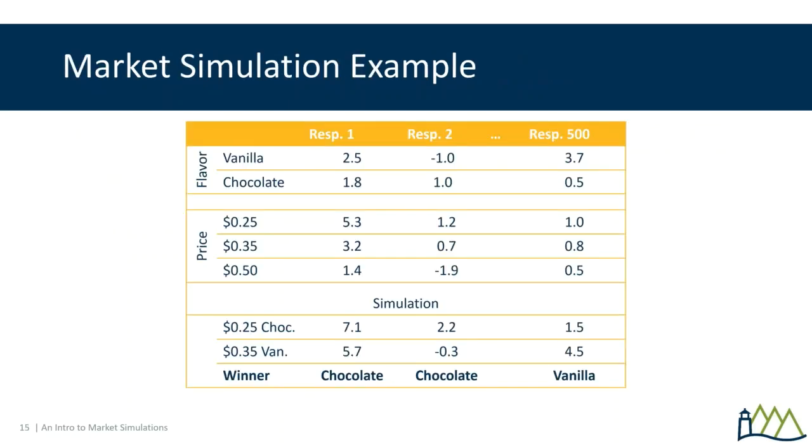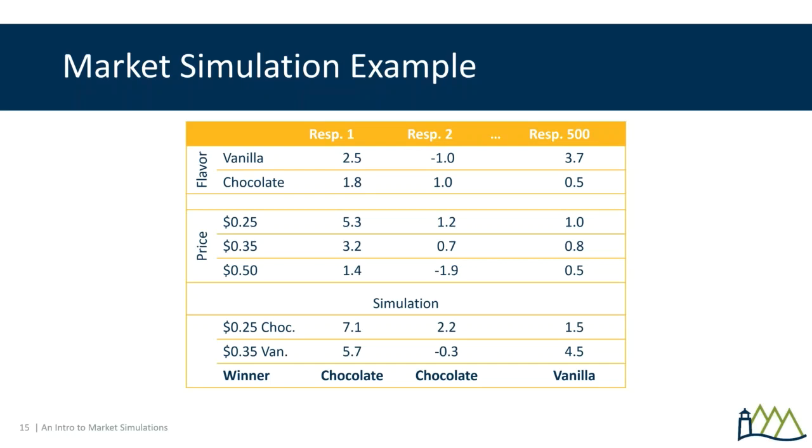If we look at an example, in our lovely little ice cream, I'm going to try and simulate 2 different ice cream cones. One might be a 25-cent chocolate, and the second one would be a 35-cent vanilla.